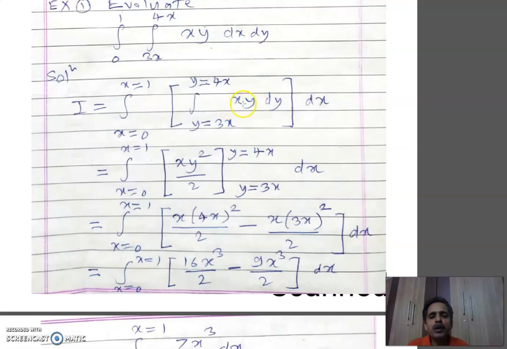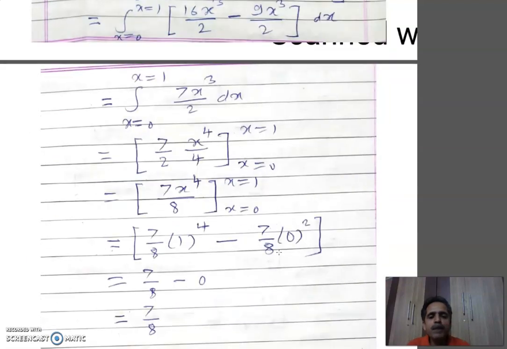So the integration of xy becomes x, because x is constant and remains as it is, and the integration of y with respect to y becomes y squared by 2, with limits from y equal to 3x to y equal to 4x. Now we put y is 4x in the square bracket, then we put y equal to 3x in the square bracket, and between these two quantities we put a minus sign. When you simplify this, we will have this, and further if you simplify, you will find this type of single integral.